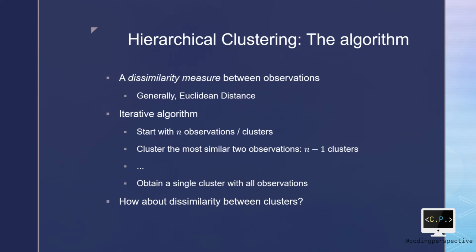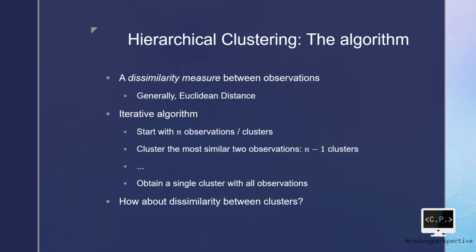We will introduce the hierarchical clustering algorithm. We start with defining a dissimilarity measure between each pair of observations. This is generally selected as the Euclidean distance. However, there are multiple of them. The algorithm proceeds iteratively, starting out at the bottom of the dendrogram. Each of the n observations is treated as its own cluster.